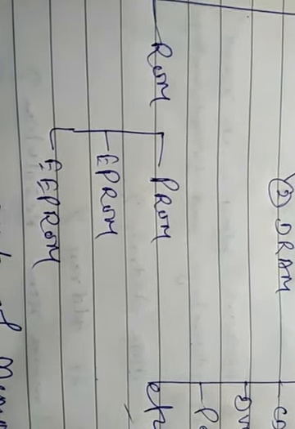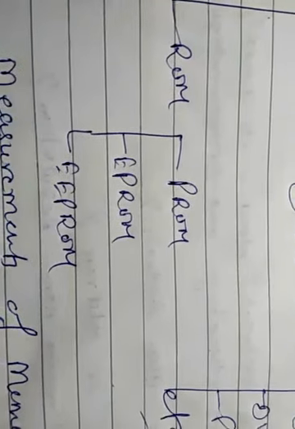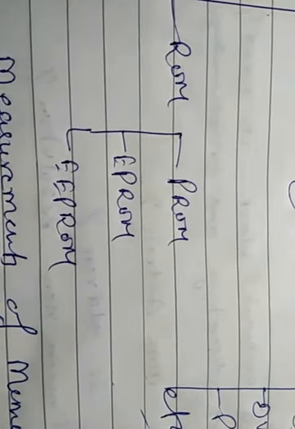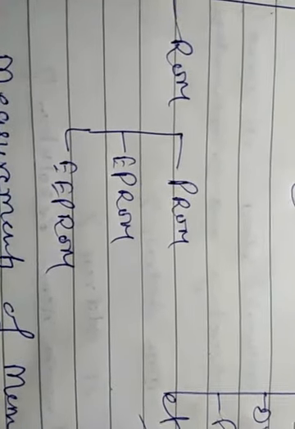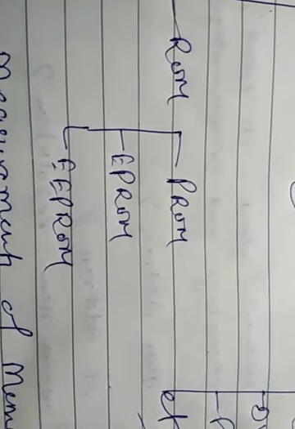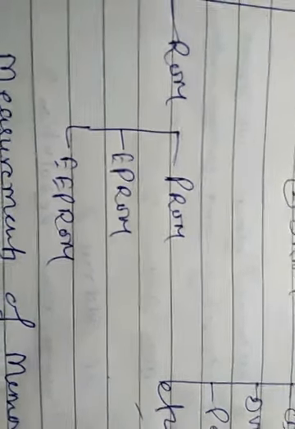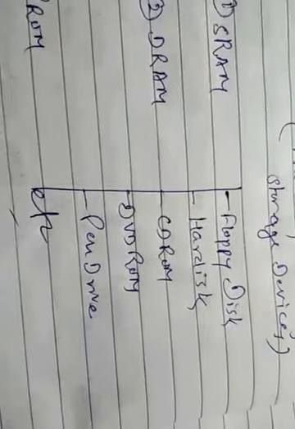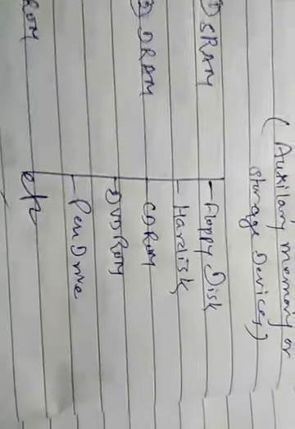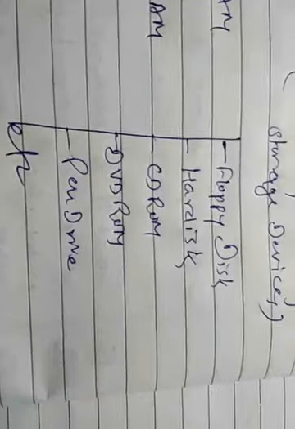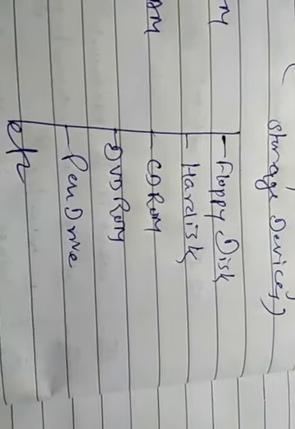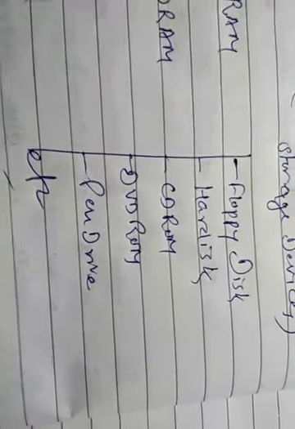This is erasable programmable read only memory. Third is EEPROM. This stands for electrically erasable programmable read only memory. And the examples of storage devices, or we can say secondary memory, are floppy disk, hard disk, CD-ROM, DVD-ROM, pen drive, etc.